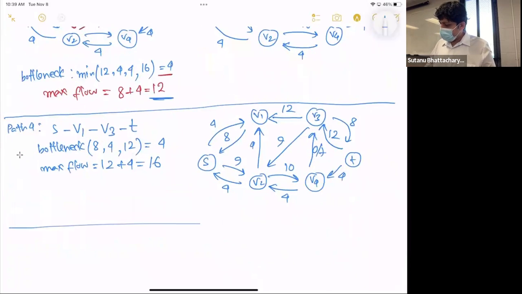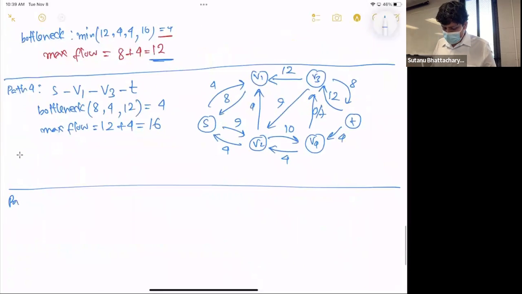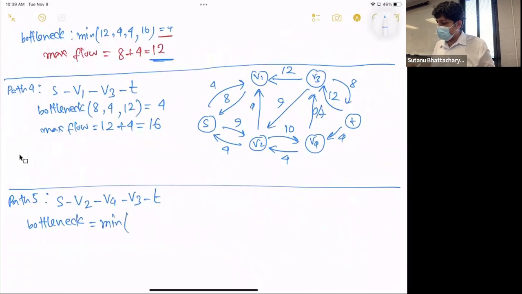So this is path 4. Now path 5. Let's assume we have chosen S, V2, V4, V3, T. What is the bottleneck? The minimum of S to V2: what is the remaining capacity? It is 9. Only look at the forward edge weight.